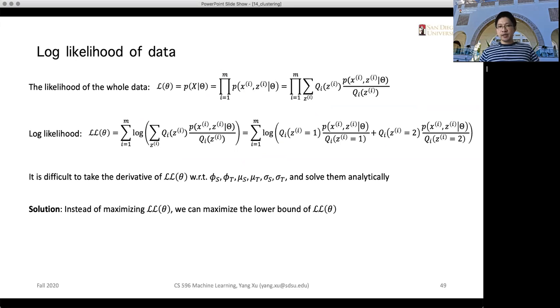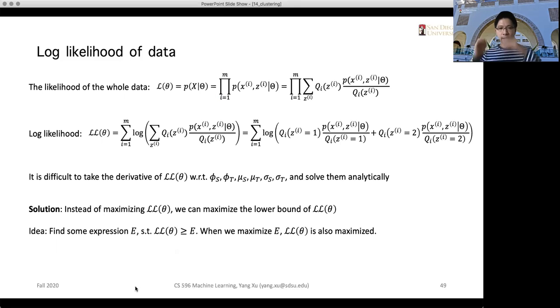Here we will see some mathematical tricks, because the original log likelihood is hard to take the derivative of, and it's hard to solve for all the parameters with analytical solutions. So the step we will take here is not maximizing the log likelihood itself, but maximizing a lower bound of this log likelihood function.